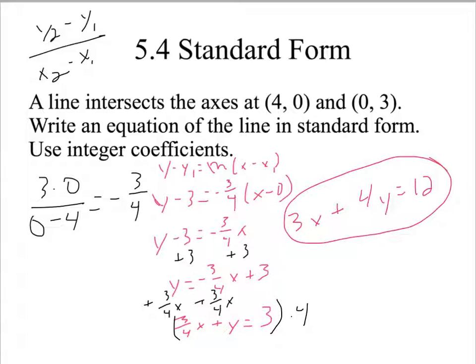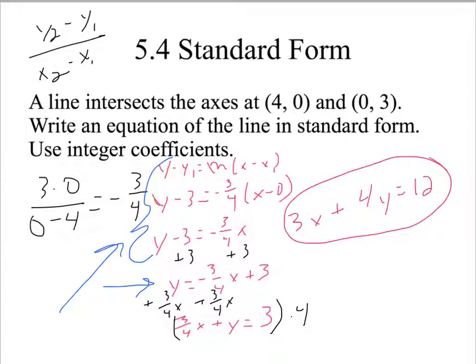Now, there is a little bit of a shortcut, and we can actually, without using all of this stuff up top, all of this stuff in red here, skip to this middle step where we have slope-intercept.